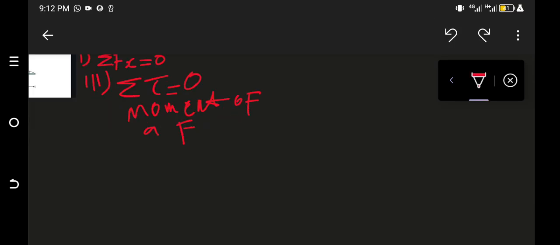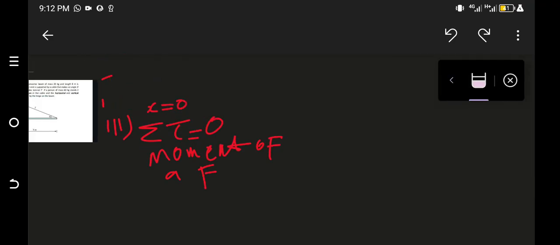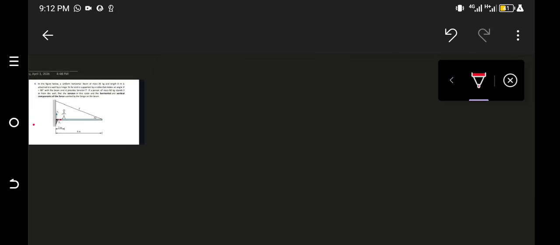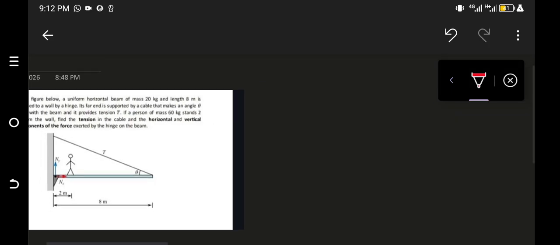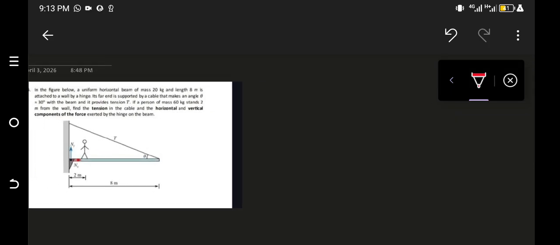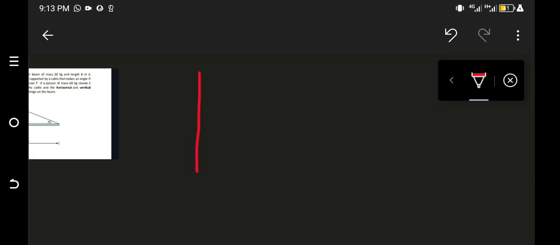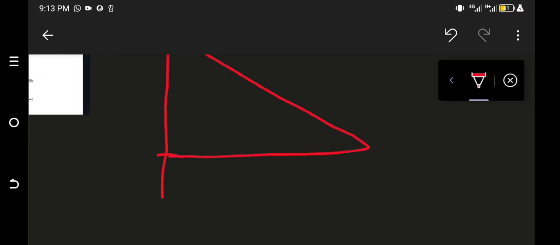Let me delete everything here. Okay, so the first thing you have to do in these kinds of questions is to draw a free body diagram and show all the forces acting on the beam. Okay, so we have this wall and the cable running from this side to this side and attached to the wall or to the hinge.